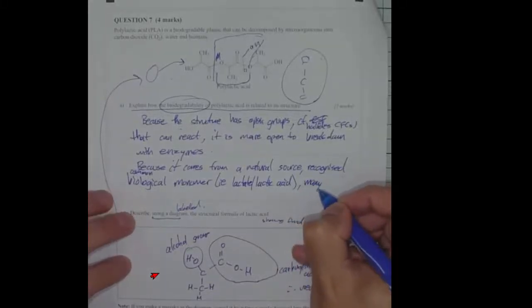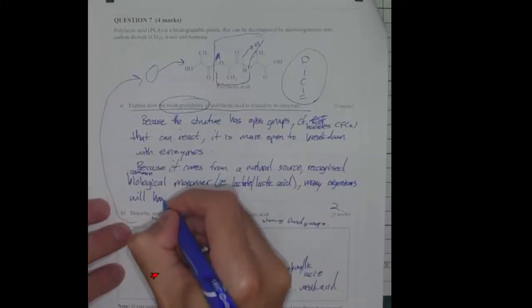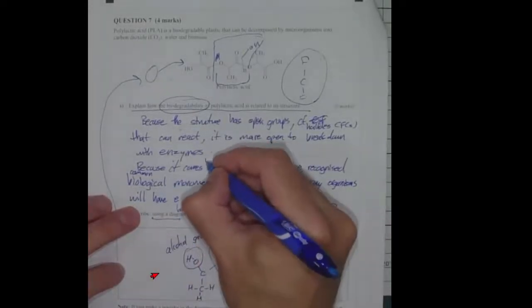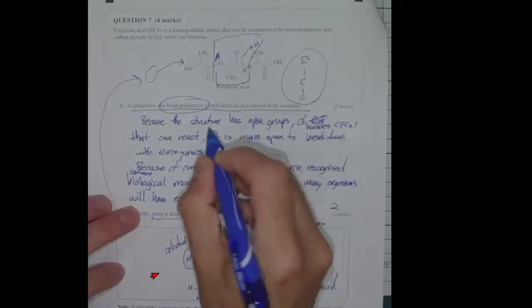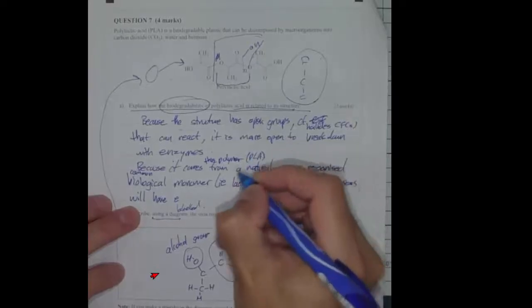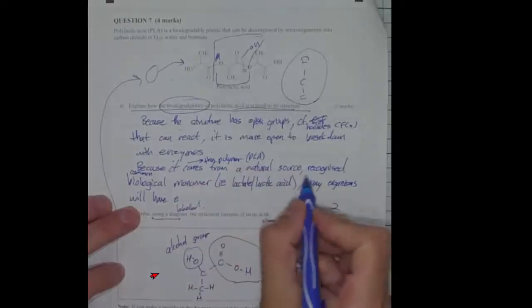Many enzymes, many organisms will have enzymes. Because this polymer, because I've got to talk about the structure, PLA comes from a natural, so recognized.